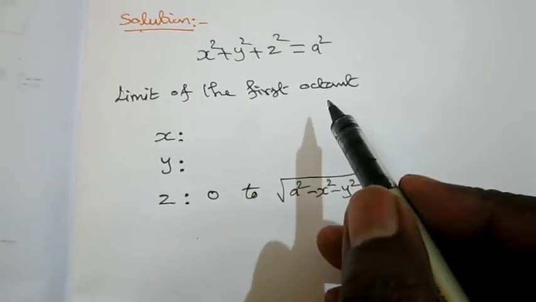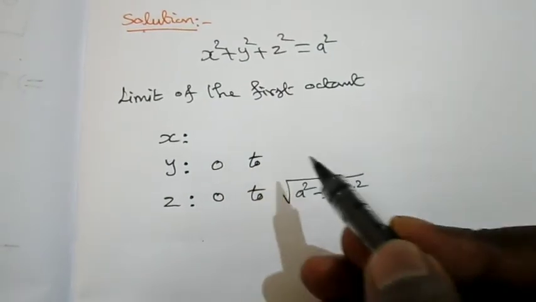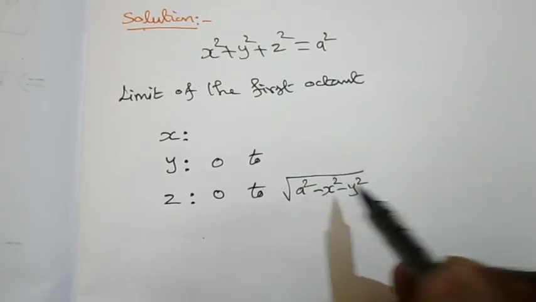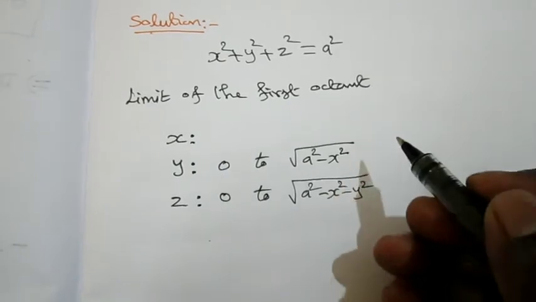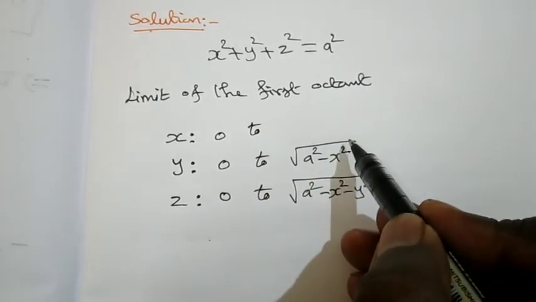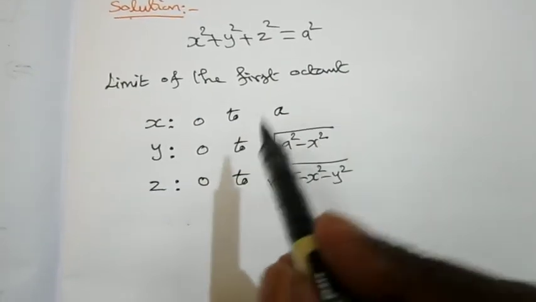The y limit is the same: start from 0, and removing y here, it goes to root of a² minus x². And for the x limit, 0 to a, removing x, root of a² is a. So these are the limits in the first octant.